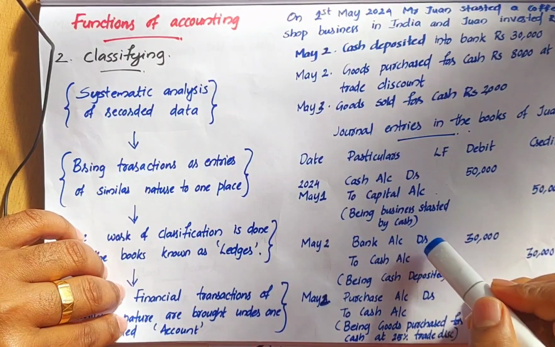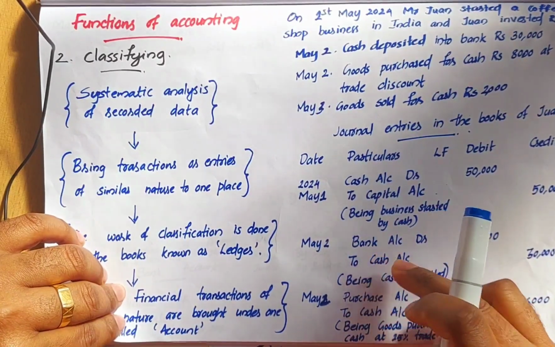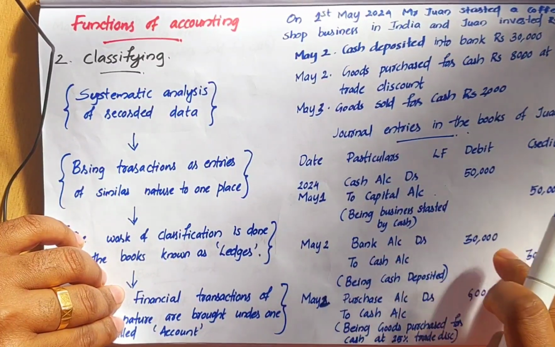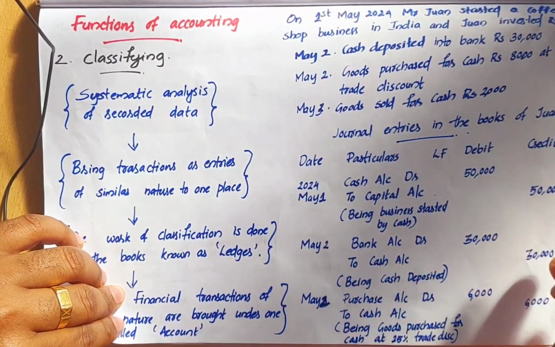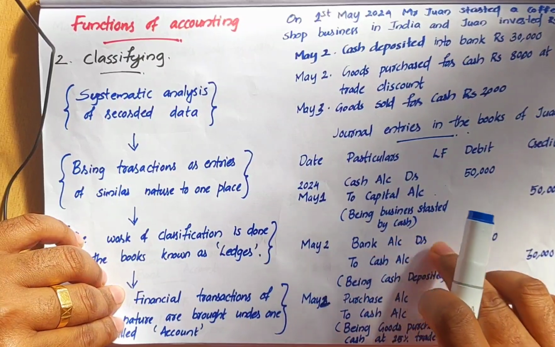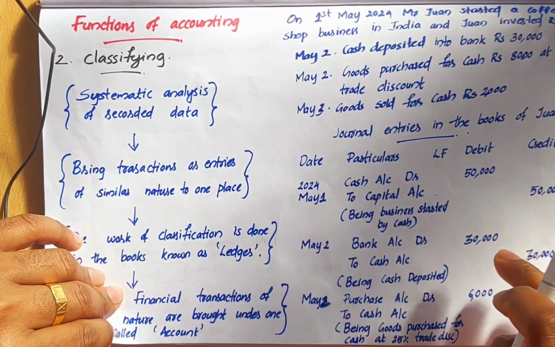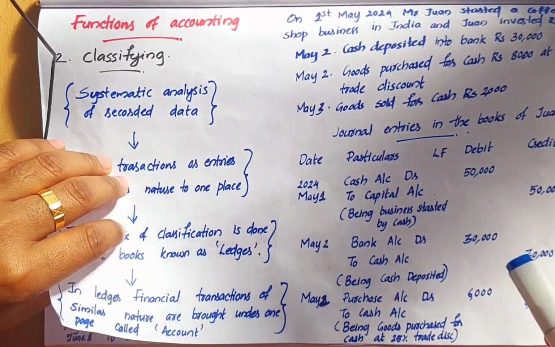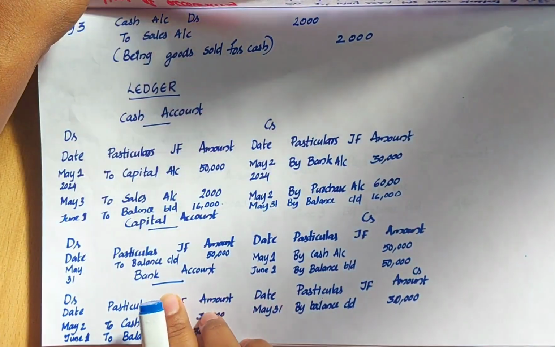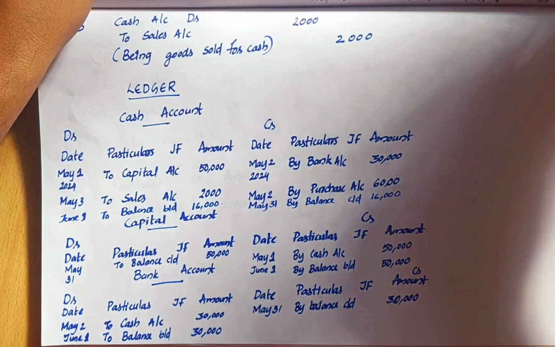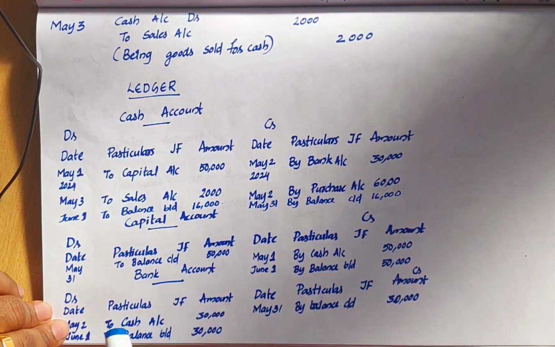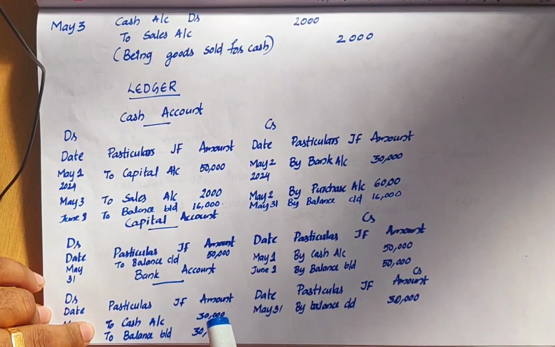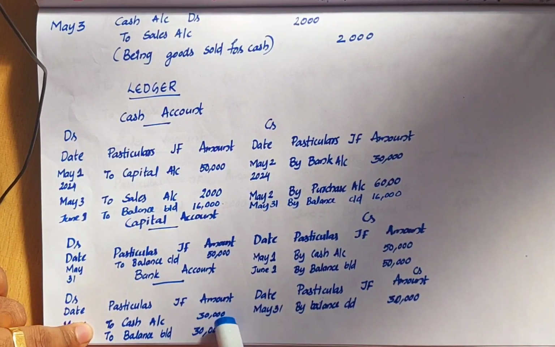Now we have the bank account. The bank account involved transaction is only one. Bank account debited 30,000 to cash account credited. So bank here we are debiting, so we need to go to the debit side of the bank account and post this entry to cash account 30,000.